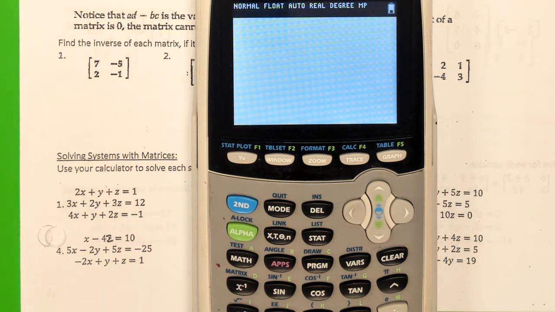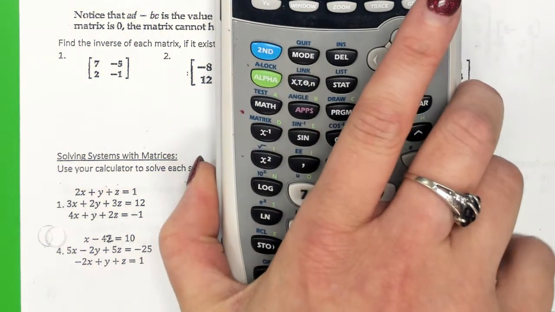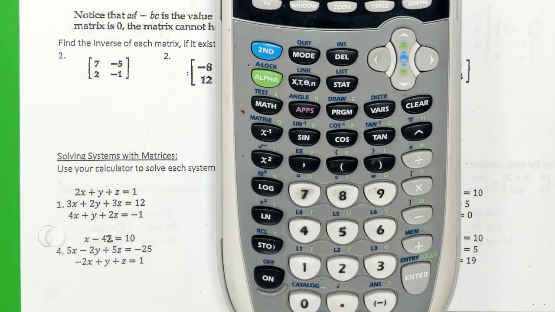Does anybody remember what the inverse symbol looks like? It's been a minute. Look on your calculator, see if you can find a button.